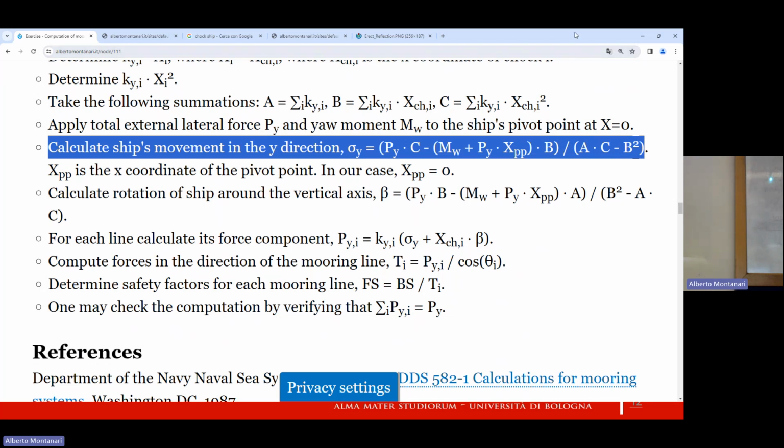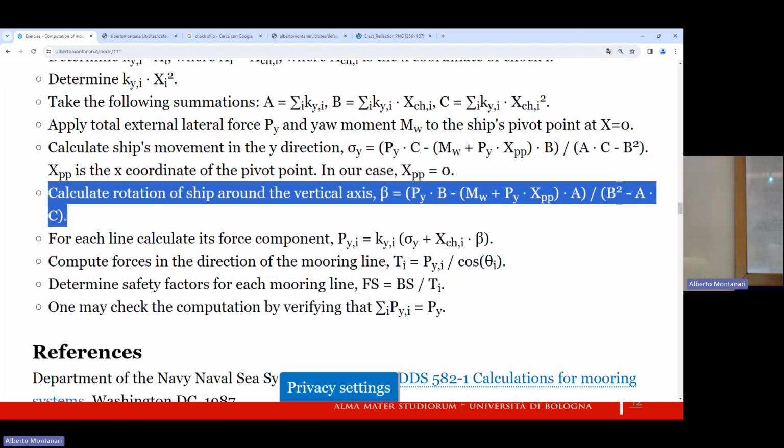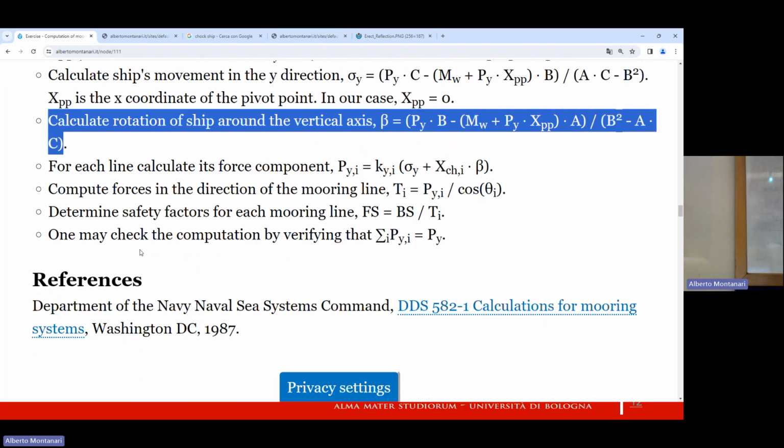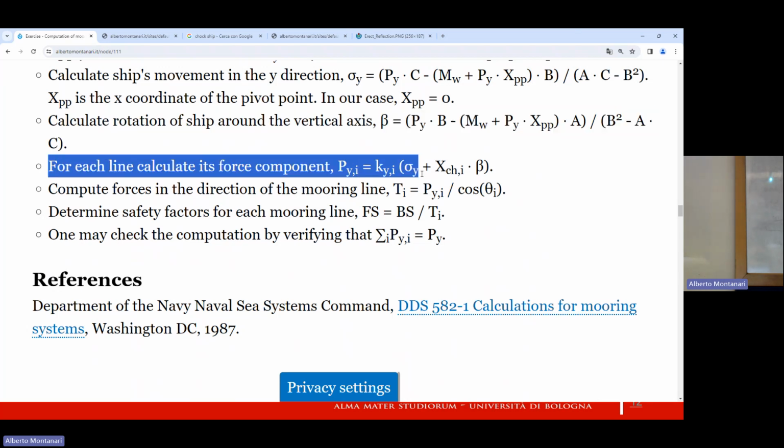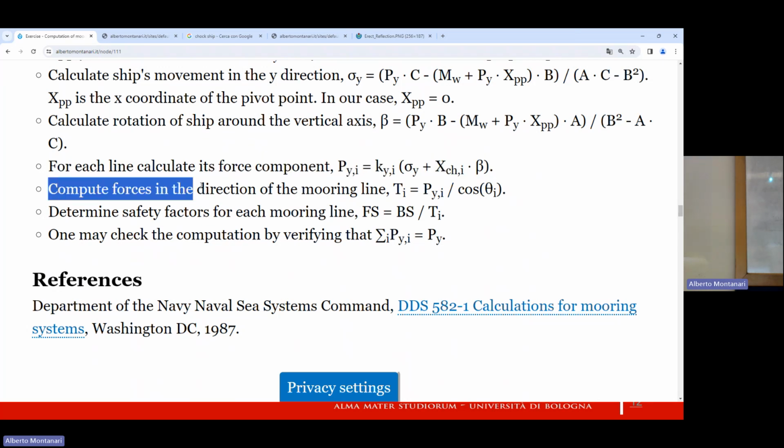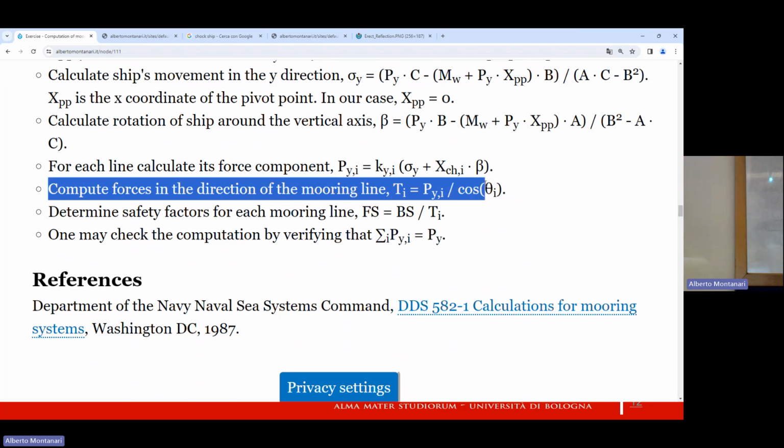And then a rotation of ship around the vertical axis, this formula. And then we are ready to compute the force component for each mooring line with this formula. Compute the forces in the direction of the mooring line, this formula.